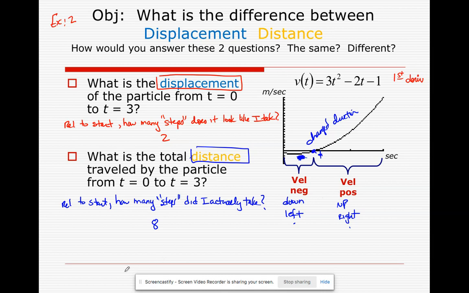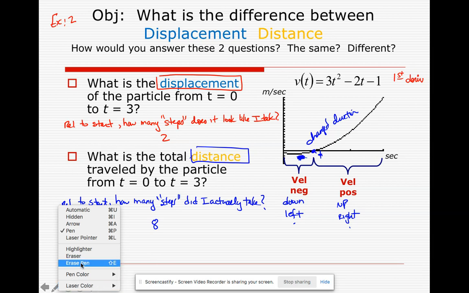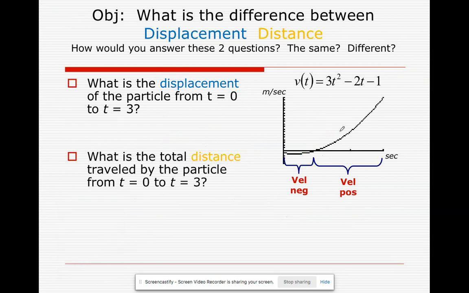So when you are asked, what is displacement? This velocity, remember, is in meters per second. How do you get meters out of meters per second? Anti-differentiate. And you don't care about going down versus up or left versus right.